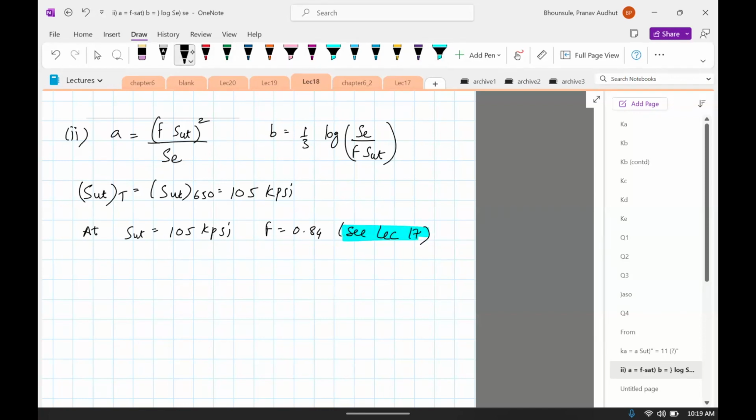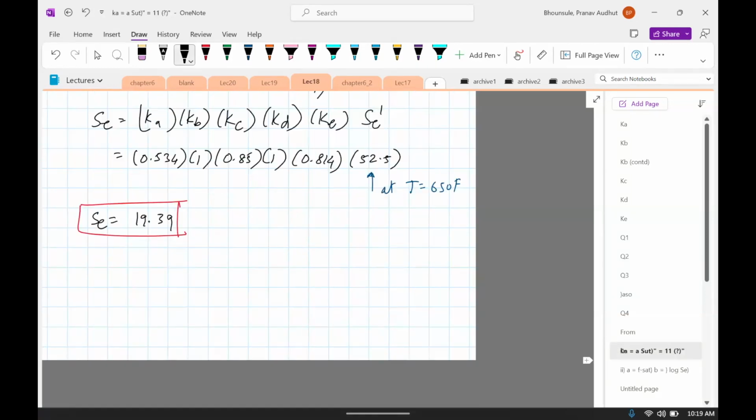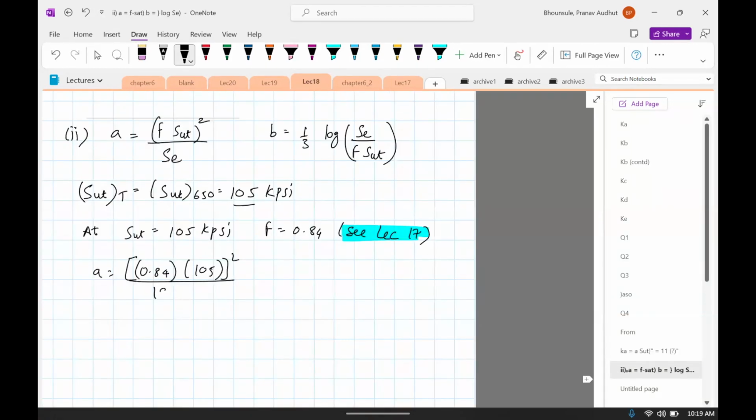Okay, so we have f, we have Sut, and we also have Se, which we already computed in the previous question. So we can compute A. A is f, 0.84, times Sut, which is 105, the whole thing squared, divided by Se. Se is 19.39.